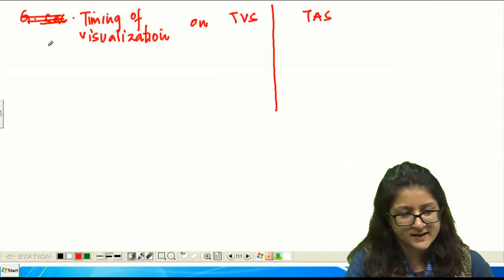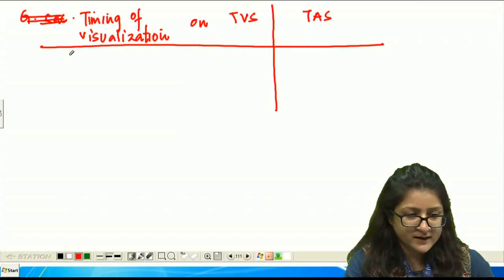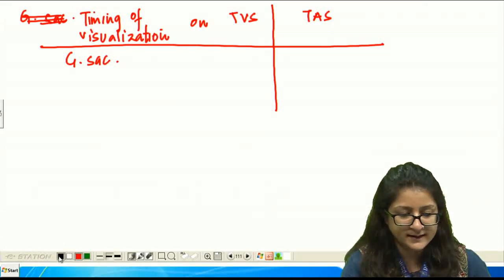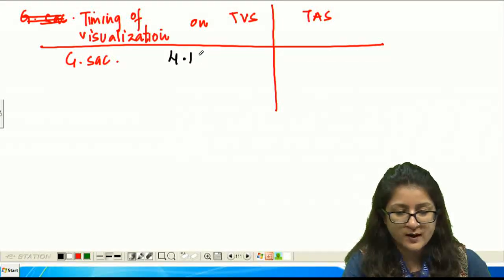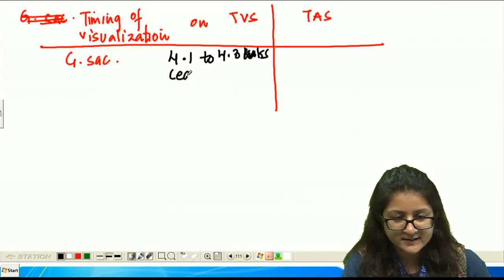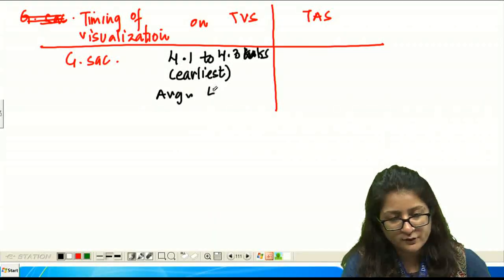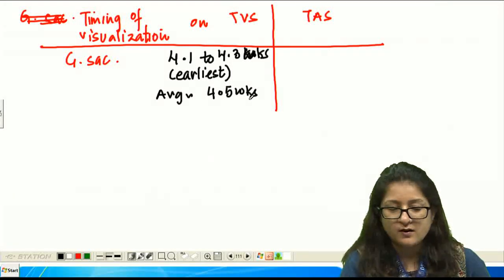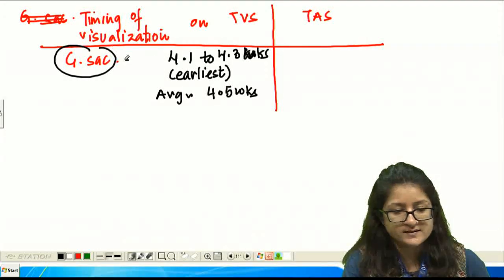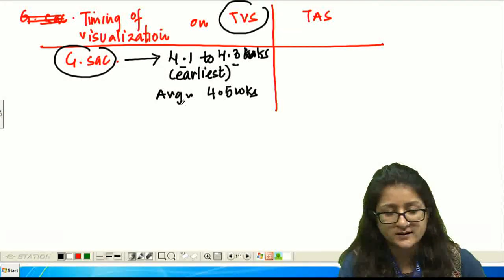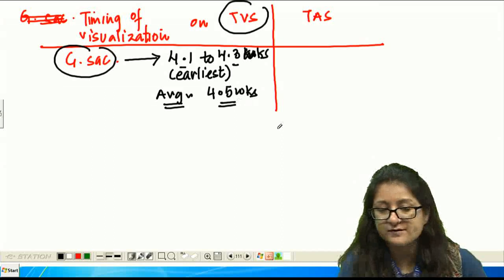So on TVS, for a gestational sac, the timing of visualization is as early as 4.1 to 4.3 weeks, okay. This is the earliest, on an average by about 4.5 weeks.